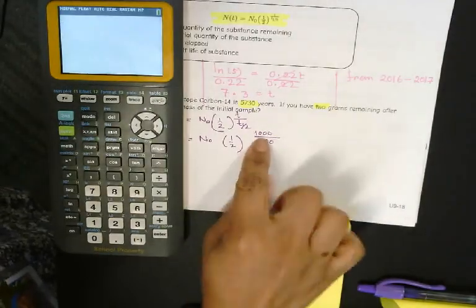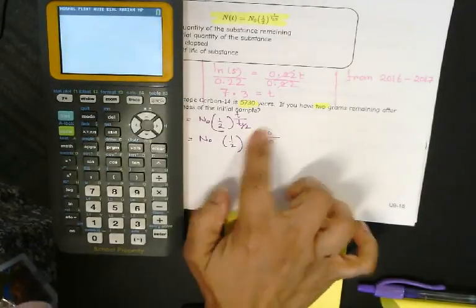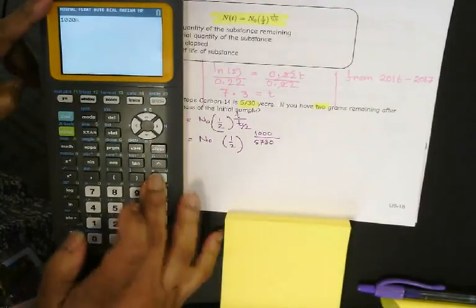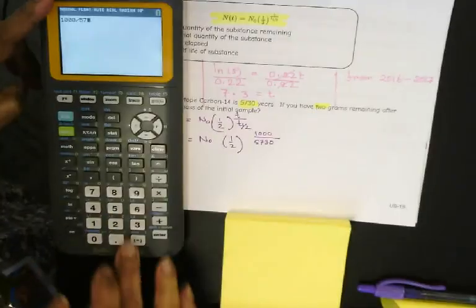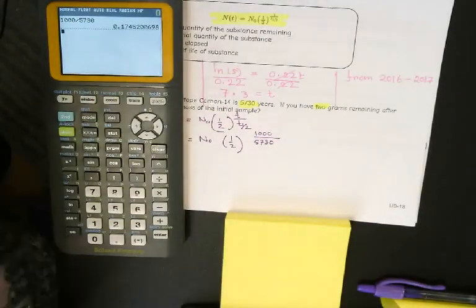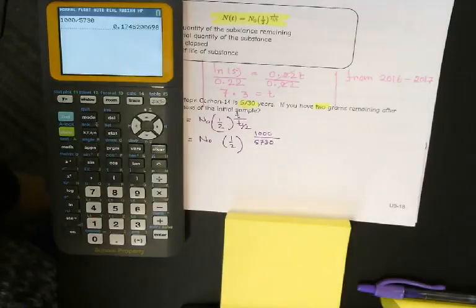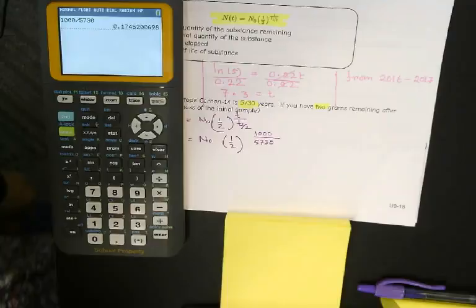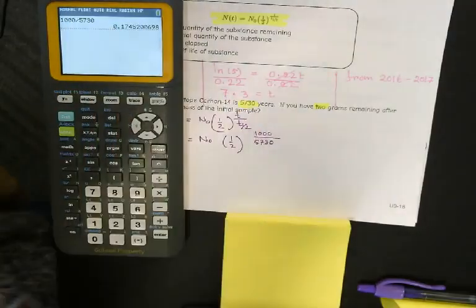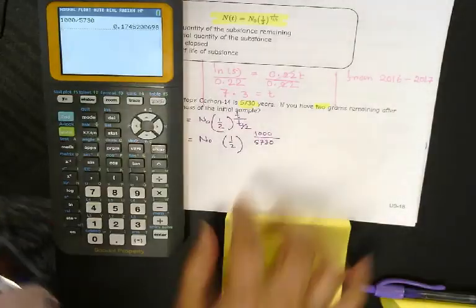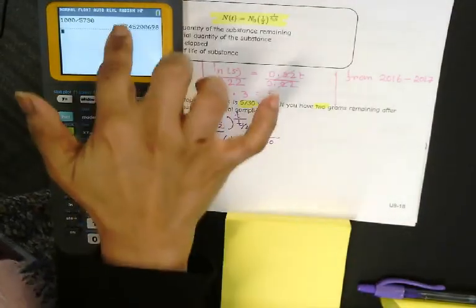So let's find this value first. 1,000 divided by 5730. I'm not going to round it. If you start rounding it from the very beginning, your final answer will be so different from what we are expecting, because see how big this decimal value is. So don't do that. Instead, this is 1/2 to the power this one.